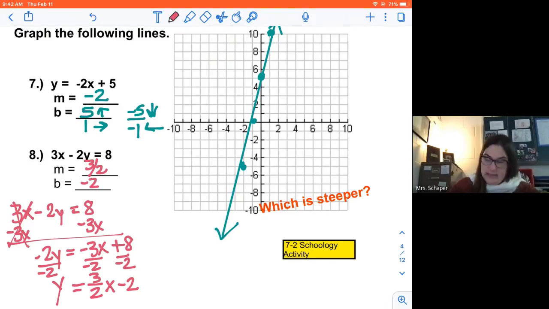My b is -2. So I begin on the y-axis at -2, and then I rise 3, run 2. Draw a line like this. Just like that.